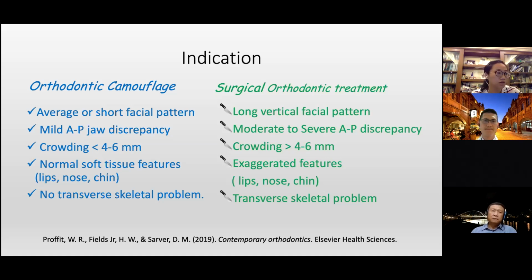Patients with long vertical facial patterns, moderate to severe AP discrepancy, crowding more than 4 to 6 millimeters, exaggerated lip, nose, and chin features, and transverse skeletal problems should consider OGS treatment. So if you see cases which fit in the green one, it should ring a bell that it is more of an OGS case.